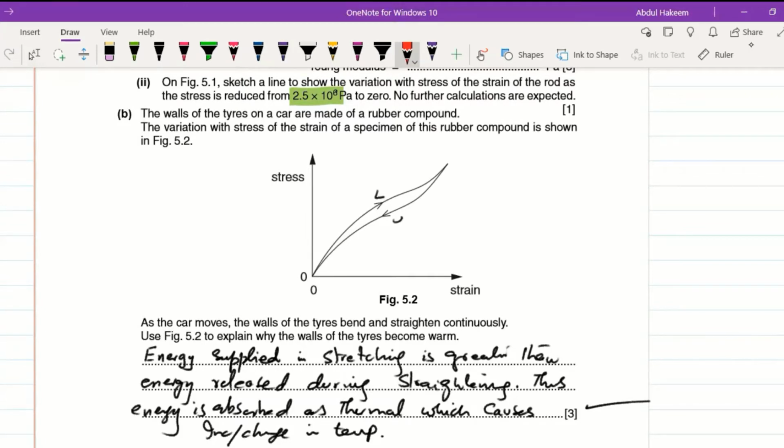So the remaining energy is absorbed as thermal energy, which causes the increase in temperature. So this loop area is showing the energy which is absorbed by the rubber. We have done in the theory class. So this energy will cause the change of the temperature.